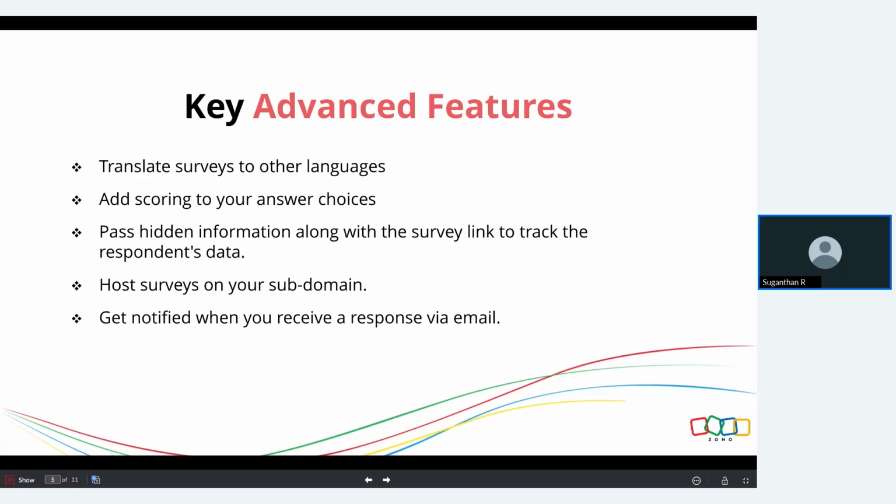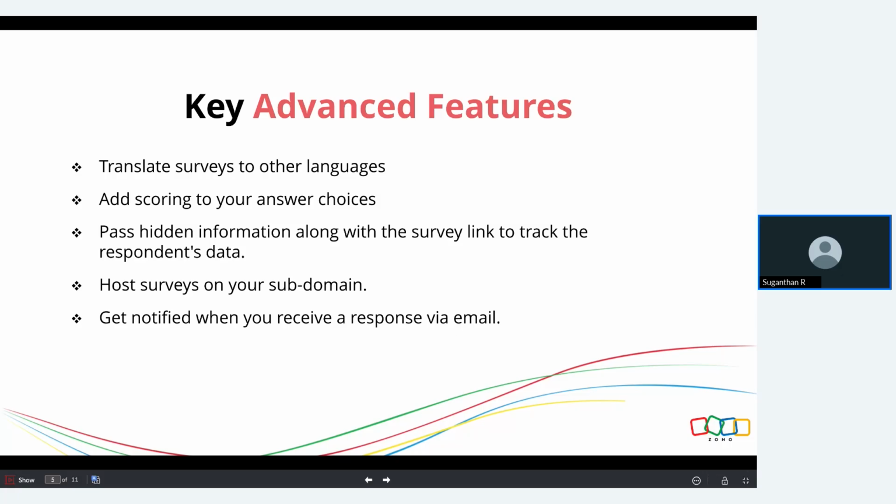And you can also pass on a few parameters along with the URL to capture the data even without asking for it. Maybe you're running the survey for the United States as well as for Canada. In this case, by default we capture the IP address of the respondent.